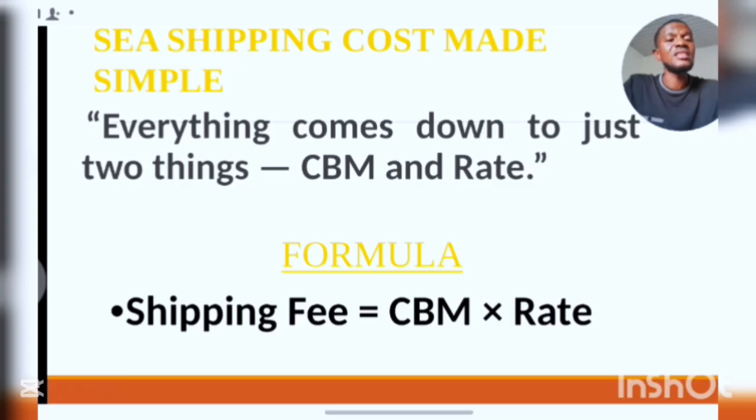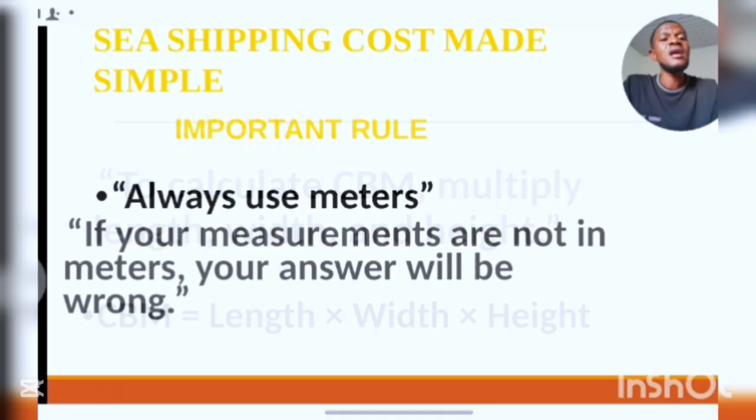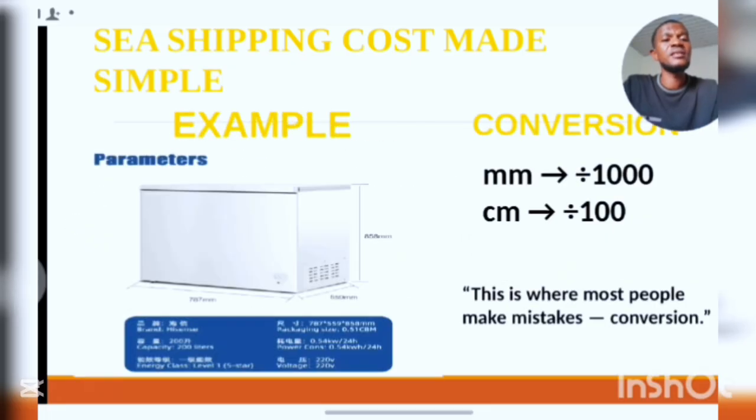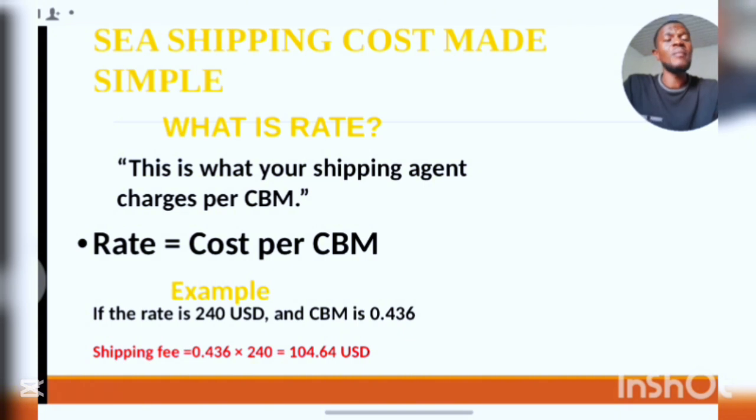So now we know the CBM to be 0.436 and we know the rate to be 240. We are going to multiply them together, and our answer is 104.64 USD. So this becomes your shipping fee.